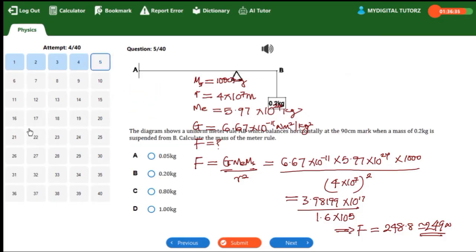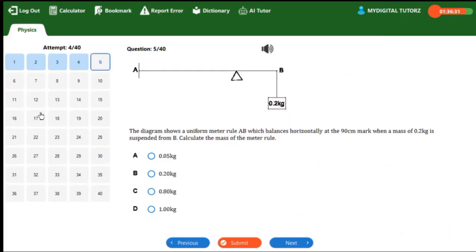Question 5 is also calculation. I told you, it seems you're going to chop plenty calculation. So question 5 here, the diagram shows a uniform meter rule. When they say uniform meter rule, that is 100 centimeter. AB, which balances horizontally at the 90 centimeter.